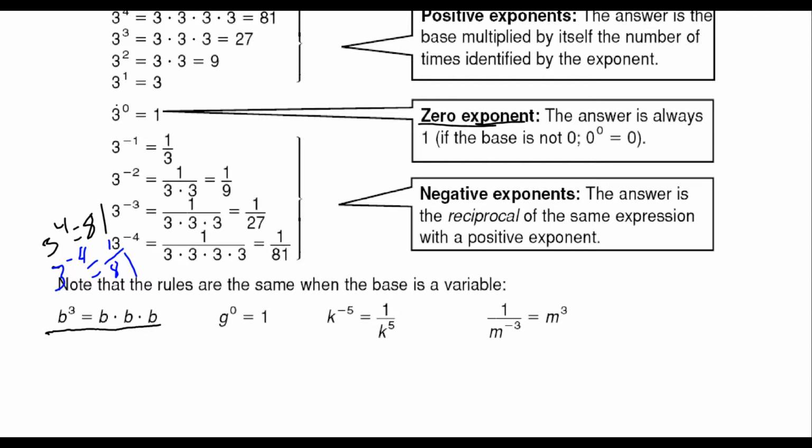Okay, k to the negative 5, k goes into the denominator. 1 over m to the negative third. Now this is going to be pretty useful at some point in time, I'm sure. So 1 over m to the negative third is going to be the same thing as saying m to the third. Okay? So let's go ahead and start working on some of these practice problems.